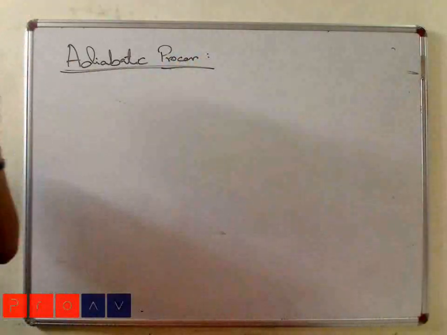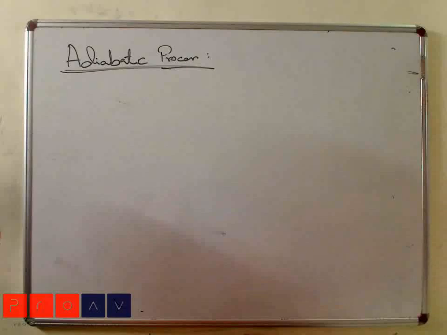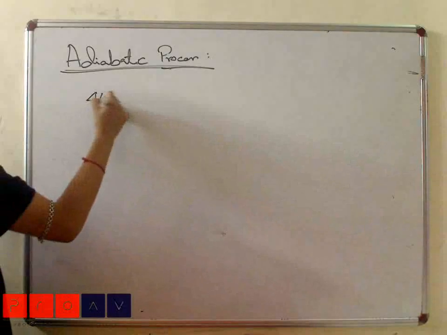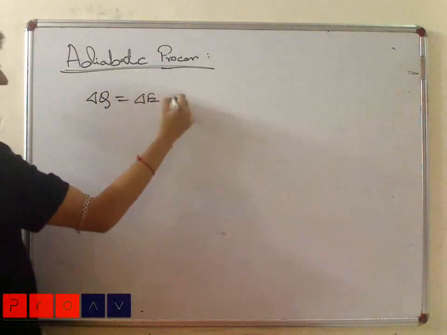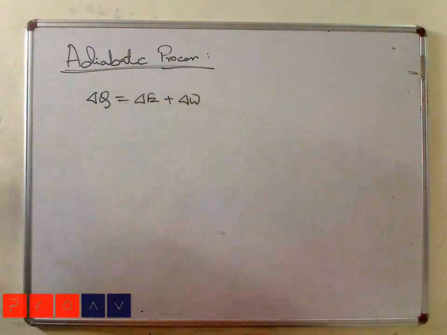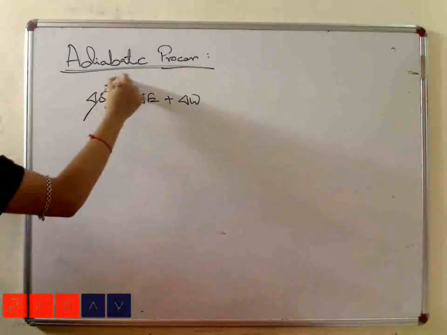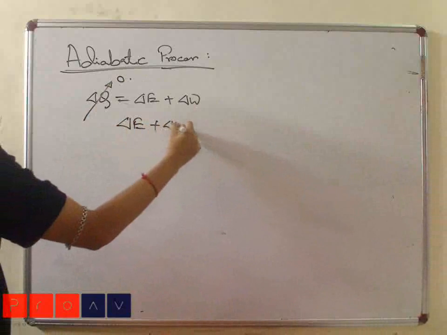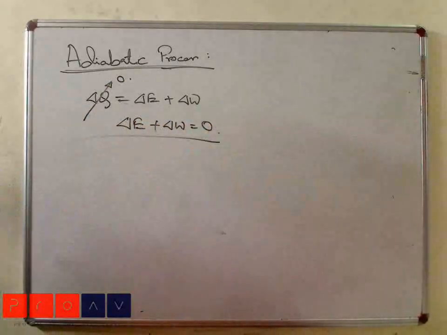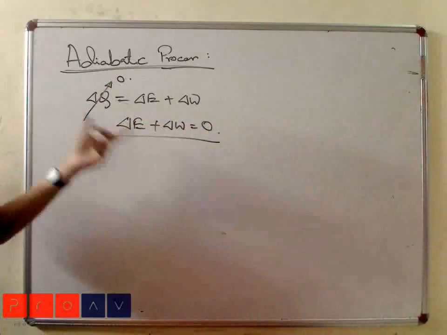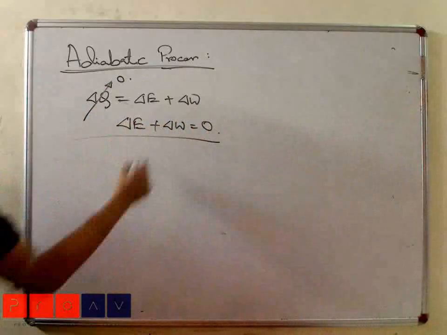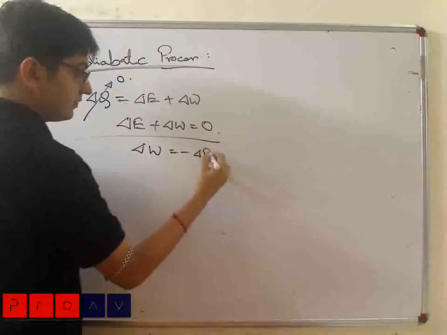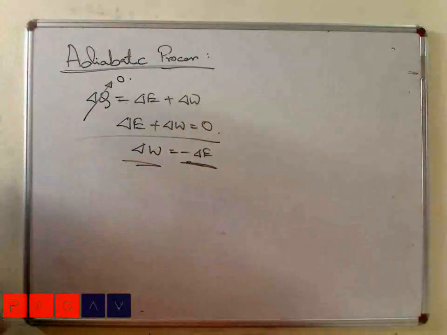Adiabatic process. When heat transfer is 0, this is known as adiabatic process. Heat transfer 0 means, we have already discussed, delta Q is equal to delta E plus delta W. Now if delta Q is equal to 0, then delta E plus delta W is equal to 0, which means delta W is equal to minus delta E. So no heat transfer.